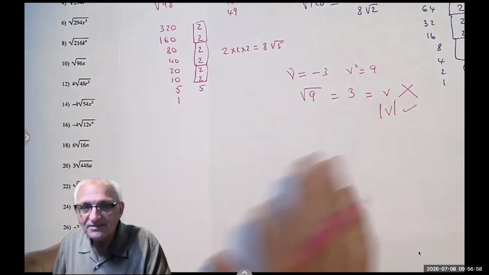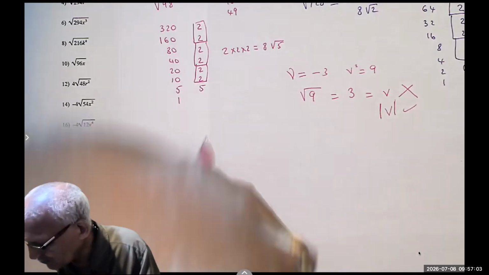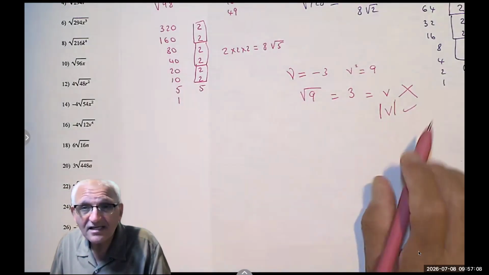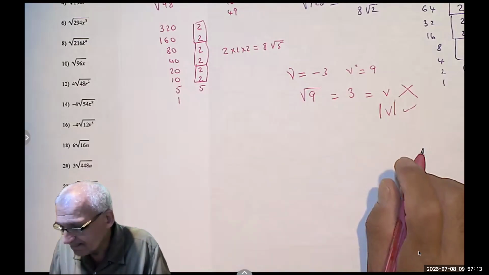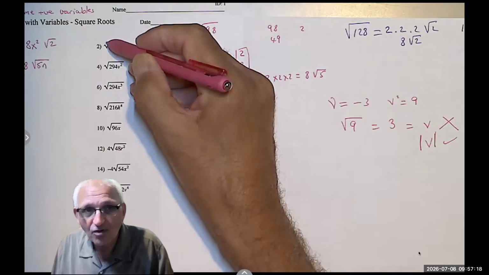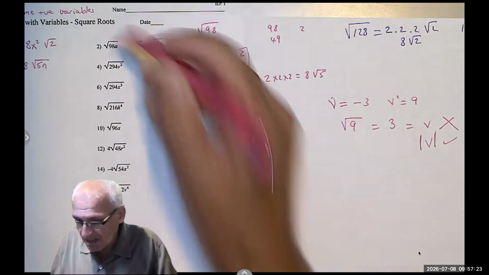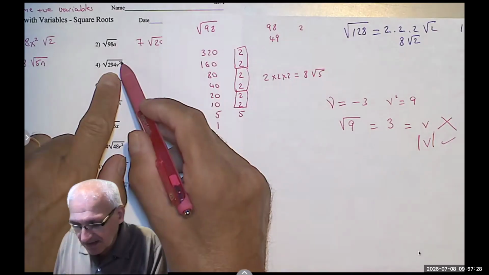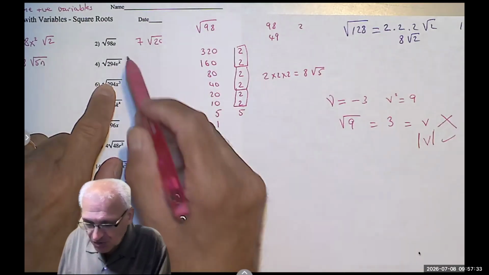Now, I know that might be a little confusing. I think in Algebra 2, we'll discuss that. But for now, if you are taking the square root of a variable and the root is even, like square or to the 4 or to the 6 or to the 8, and when you divide the exponent by the root, this is 2 and this is 2, 2 over 2 is 1.